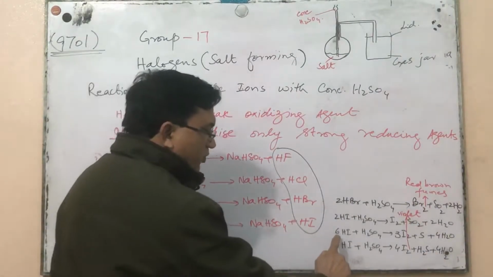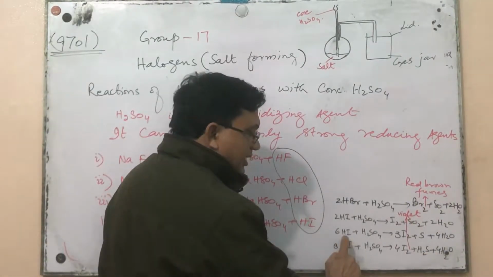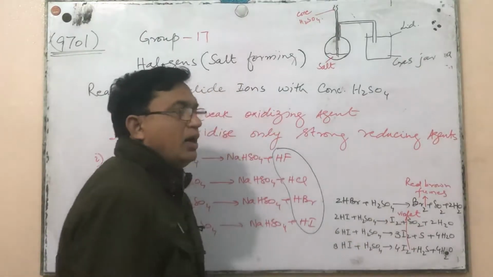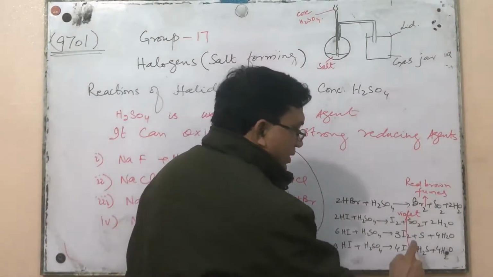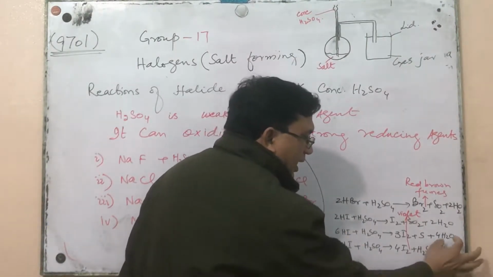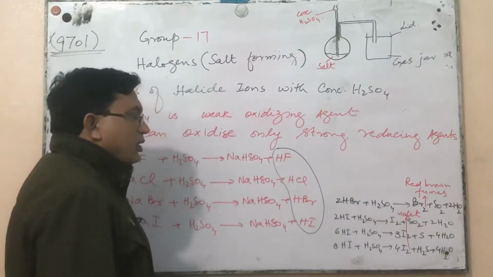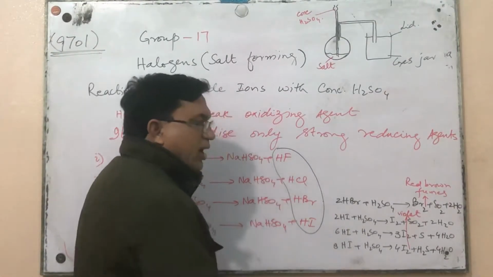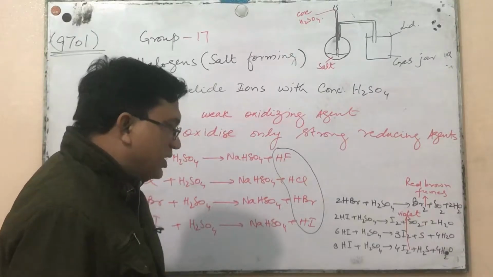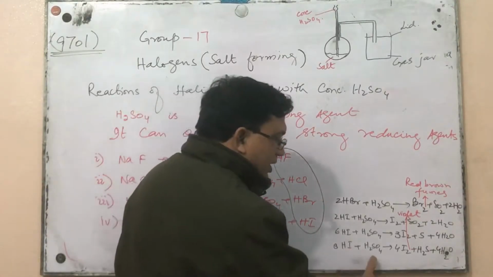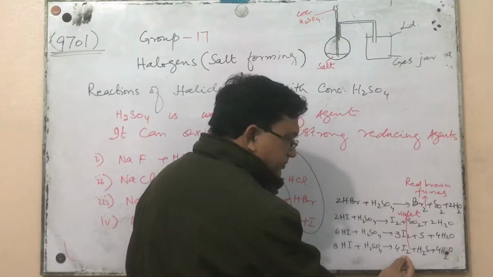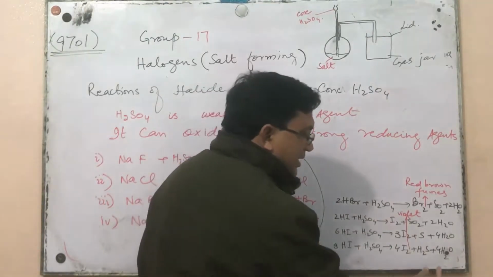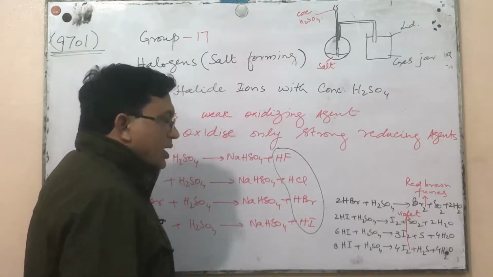If the concentration of hydroiodic acid is increased, it will react with sulfuric acid producing iodine gas, solid sulfur and water vapors. Even if the concentration of hydroiodic acid is increased further, it will react with concentrated sulfuric acid producing iodine gas, H2S gas and water vapors.